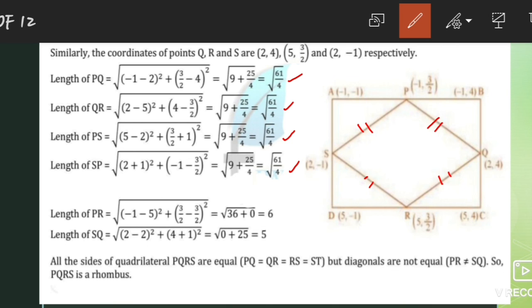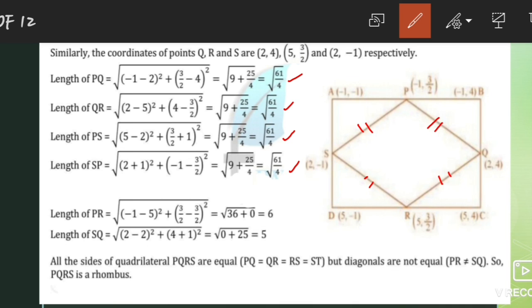What is the difference between a rhombus and a square? First of all, in a square, every angle has to be 90 degrees, right? Another difference is that in a square, the diagonals bisect each other and the lengths of the diagonals are also equal, but in a rhombus the diagonals only bisect each other.